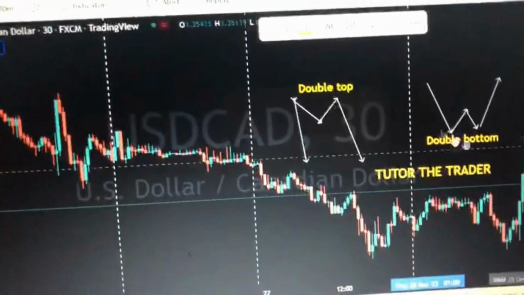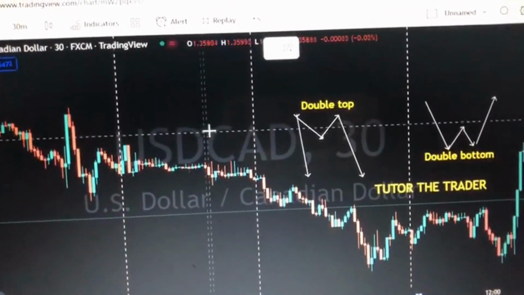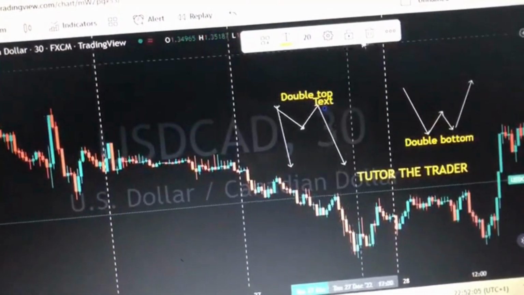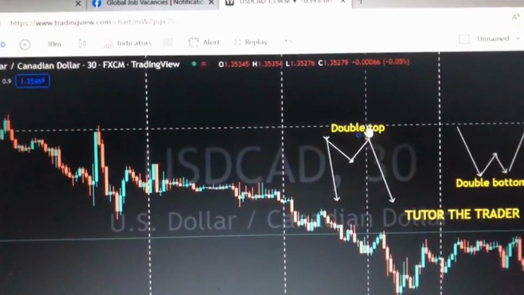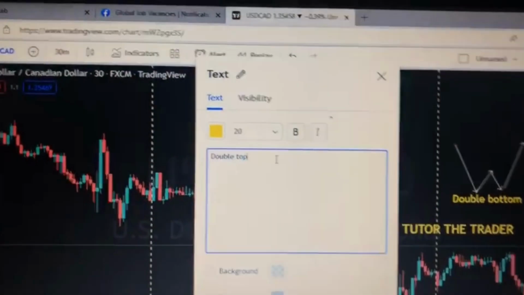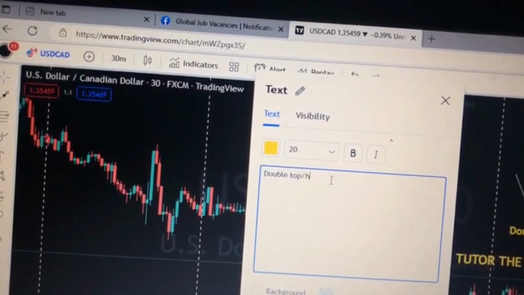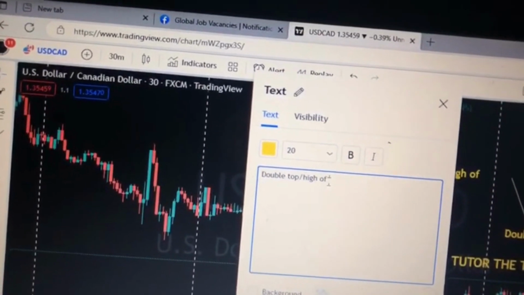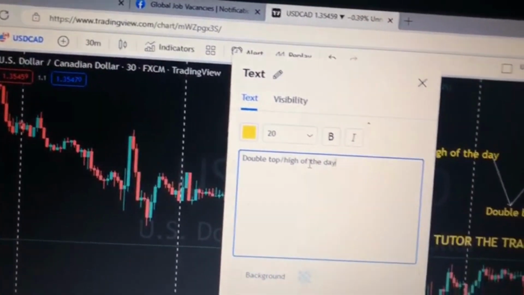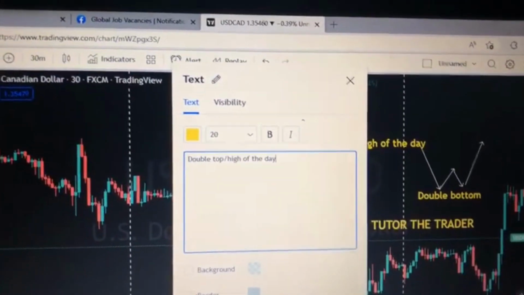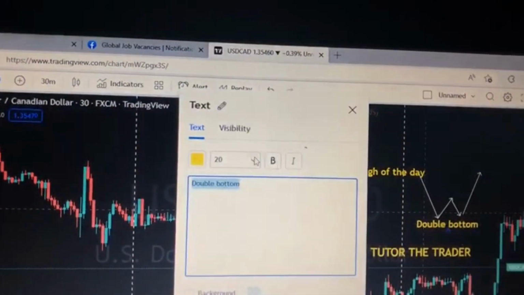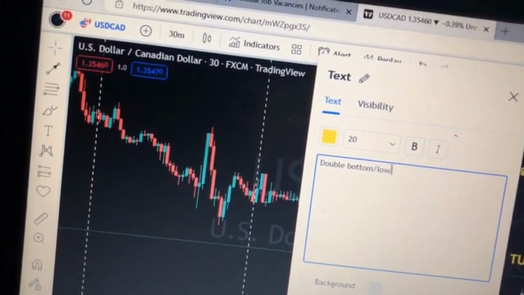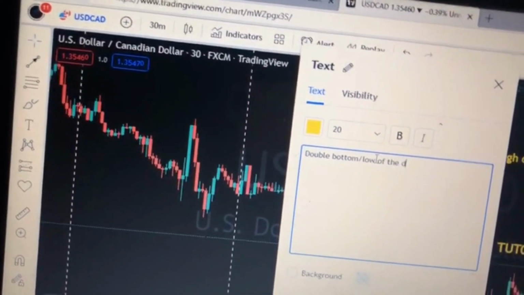So in other words, this is high of the day, stroke low of the day.